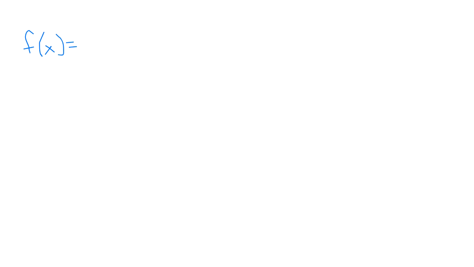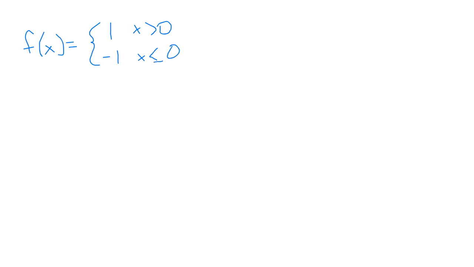And then we are going to say that we have our limit. So we're going to say our function is going to equal 1 for all values where x is greater than 0. And it's going to equal -1 for all values when x is less than or equal to 0.